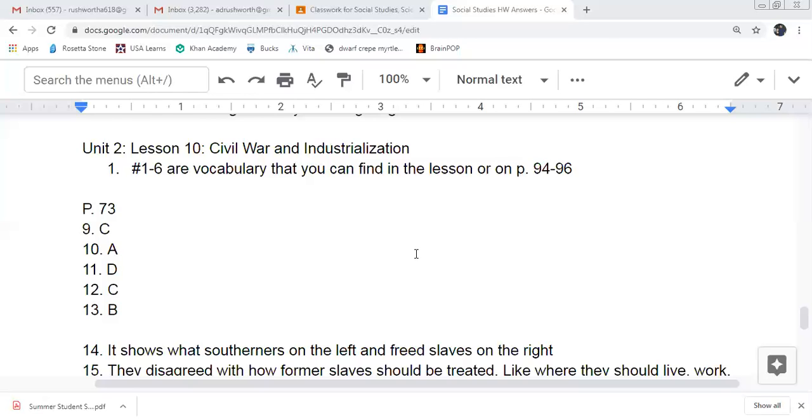All right, number 11, which of these is an example of manifest destiny? D, the United States annexed Texas, meaning that the United States added Texas to the Union. Basically, the term manifest destiny is that it was the United States citizens' destiny calling, their God-given right to expand west.